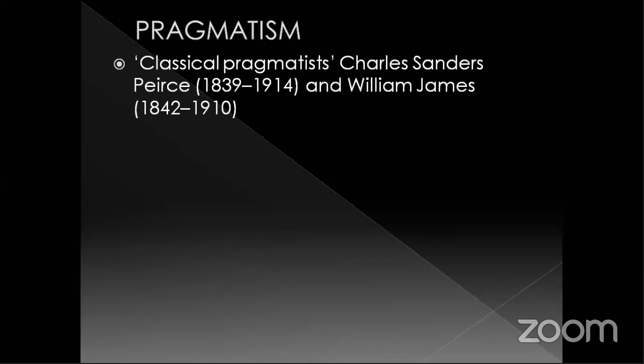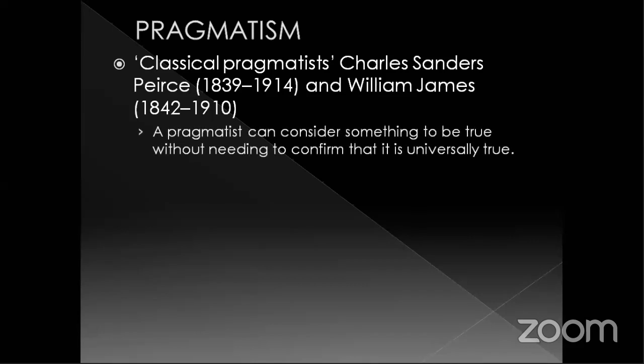Classical pragmatists, Charles Sanders Peirce and William James, they all were classical pragmatists. They said a pragmatist can consider something to be true without needing to confirm that it is universally true. Say, for example, from observation, I have seen something. I will provisionally say that this is true. I don't have to make sure whether it is universally true.